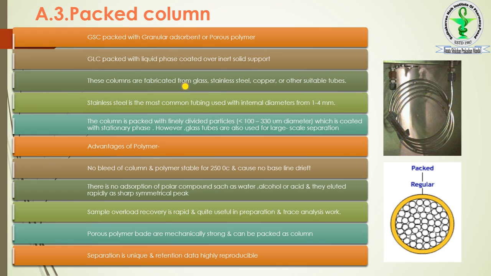So these columns are fabricated from the glass, generally, or stainless steel or copper or other suitable tubes. Stainless steel is most preferable in the case of this one. Okay.